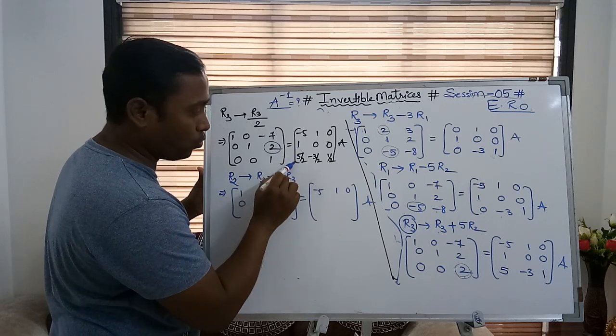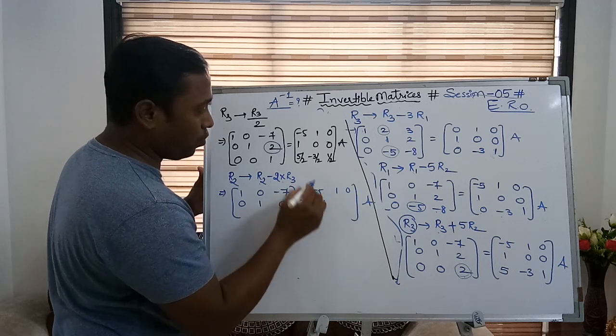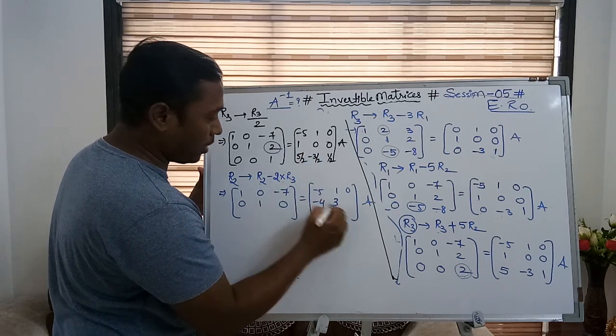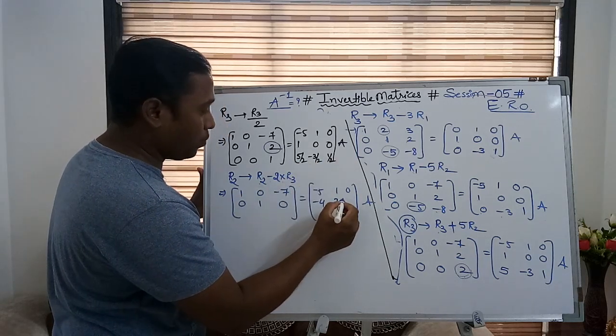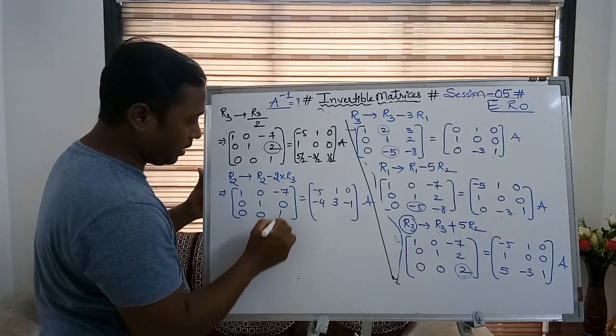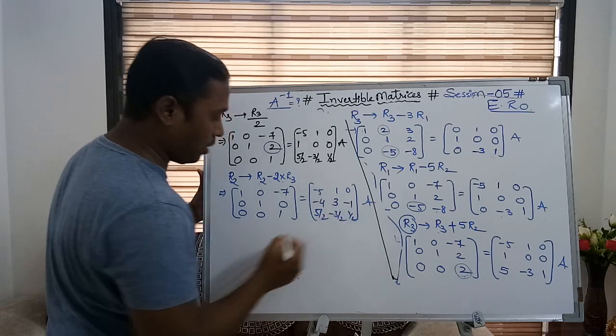If you do that, the 2 cancels, 1 minus 5 is minus 4. 0 minus 2 times 3 by 2 is plus 3. 0 minus 2 times 1 by 2 is minus 1, and R3 will remain the same: 5 by 2, minus 3 by 2 and 1 by 2.